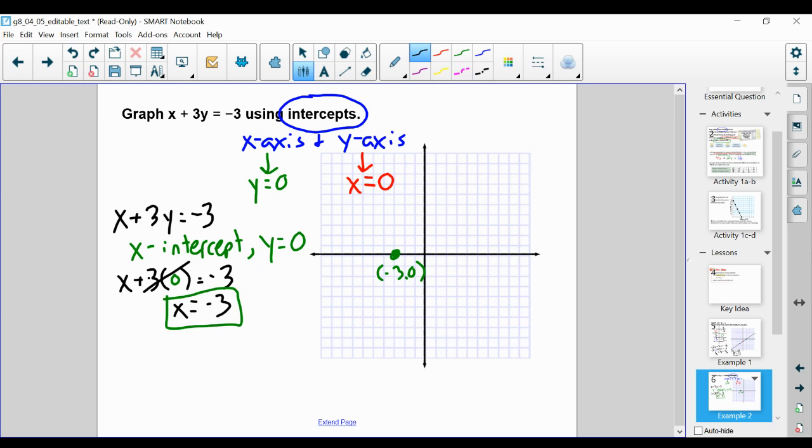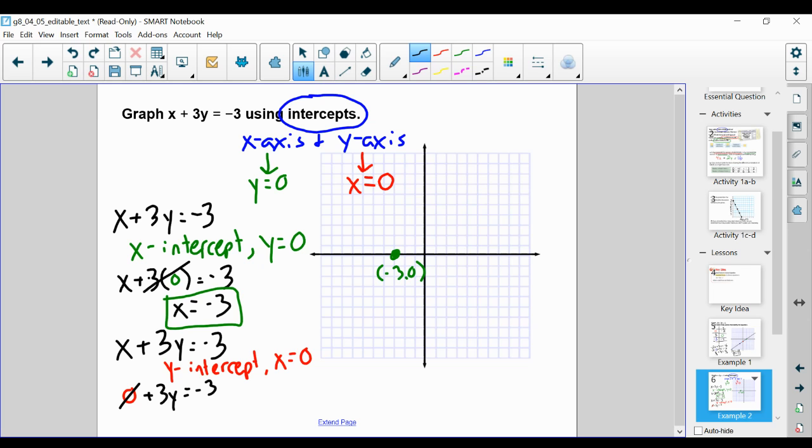And now we do the process again. x plus 3y is equal to negative 3. If we are trying to find the y-intercept, that means that x is equal to 0. So wherever we see x, we're going to replace it with 0. So 0 plus 3y is equal to negative 3.